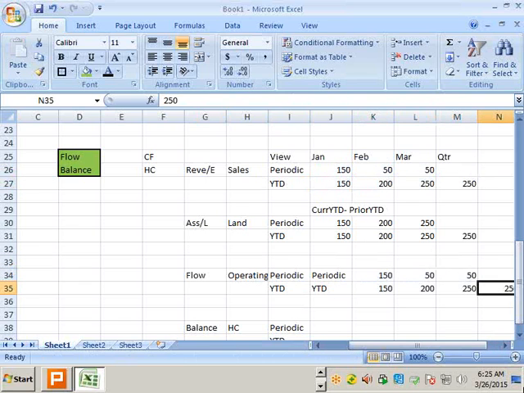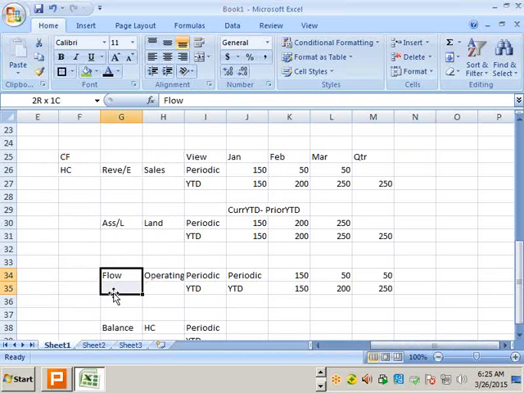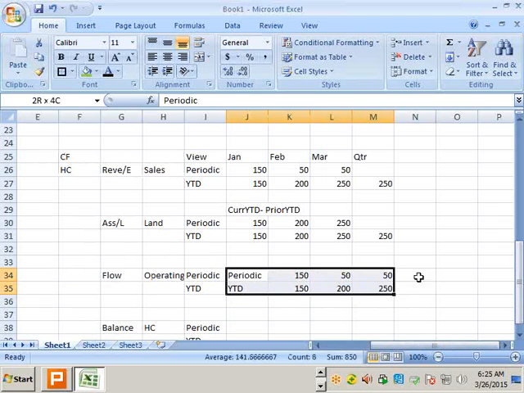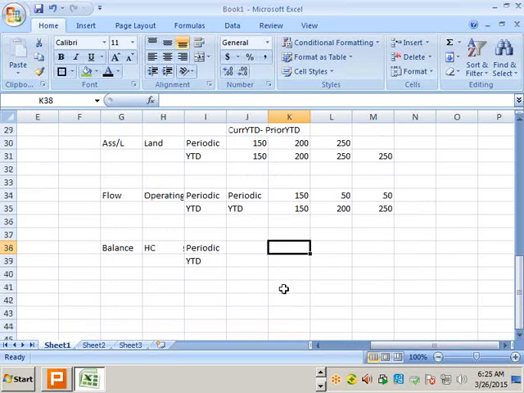It doesn't support translations, but periodical changes will be captured for flow account types. Whereas for balance account types, when you give the values periodically or year to date, for example 125 in the first period, then 50 and 75, what would be the value at the last month?